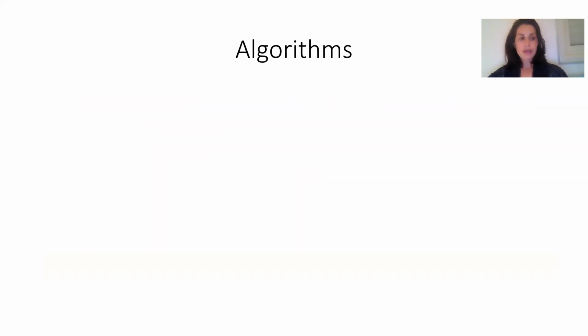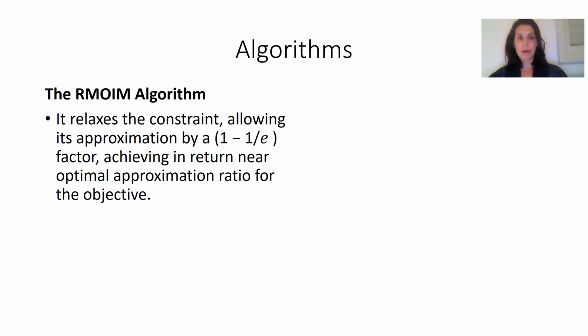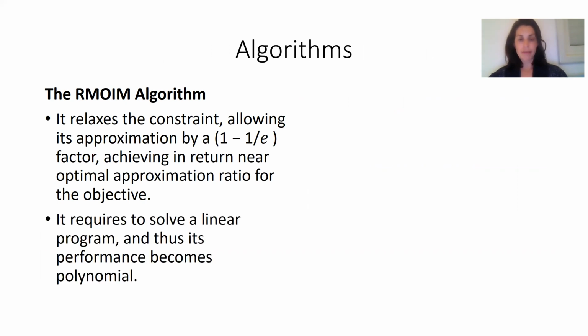As mentioned, we devised two algorithms. Our first, called the RMOIM algorithm, relaxes the constraint and allows its approximation, achieving in return the optimal ratio for the objective. However, it solves the problem using linear programming, and therefore its performance becomes polynomial, compared with state-of-the-art influence maximization algorithms, which are linear.